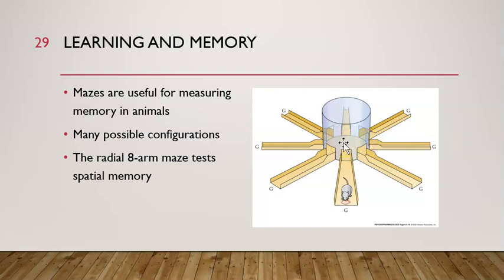I've already eaten that food, I should go somewhere else. And that should show us that they have good memory. They remember where they've been before. Or if they're in this and the food's always placed in this arm every single time, then, the next day they should go here first because they know this arm always has food, that kind of thing. So we can do a bunch of different things with these radial arm mazes.